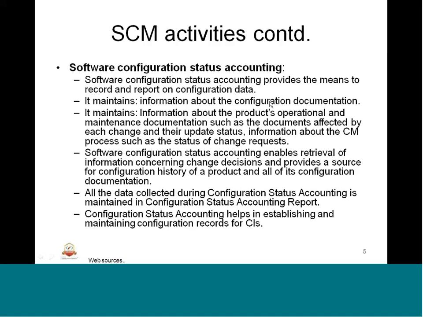Configuration documentation basically will have all the CIs list, folders, where is the location, what is the baseline, what is the revision number, all the information about that will be part of the configuration documentation. So this configuration documentation will be maintained inside the configuration status report. That status report is nothing but the activity called software configuration status accounting.